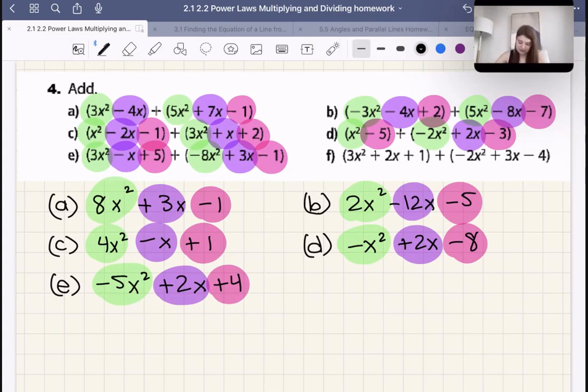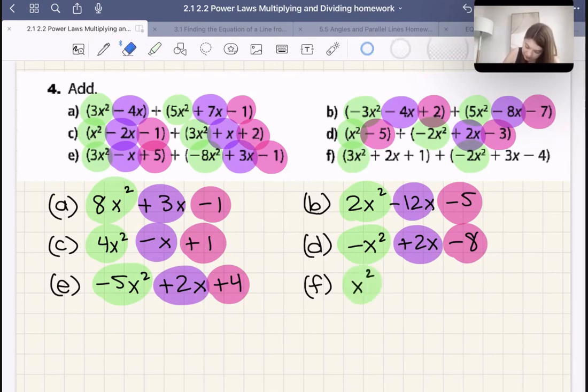Okay. Then let's move on to letter F. All right. So here we have 3x squared and -2x squared, which just adds up to x squared.